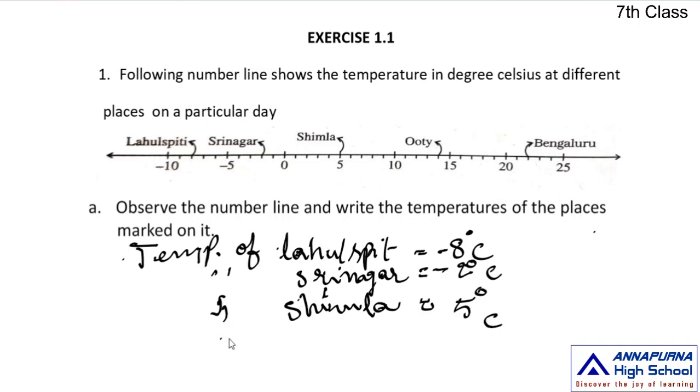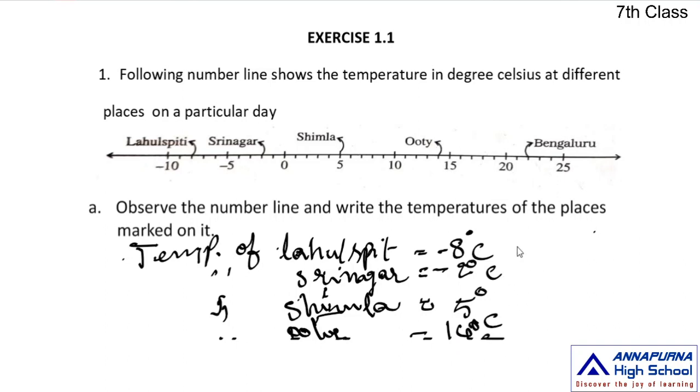So like that, temperature of Ooty. Ooty is equal to 10 and after it covers 11, 12, 13, 14, so plus 14 degrees centigrade.